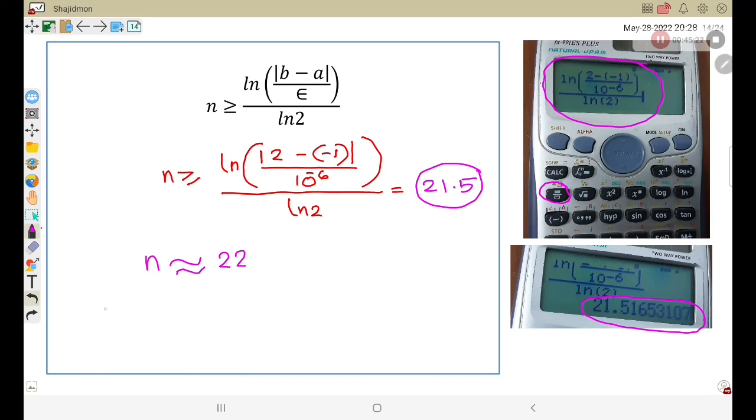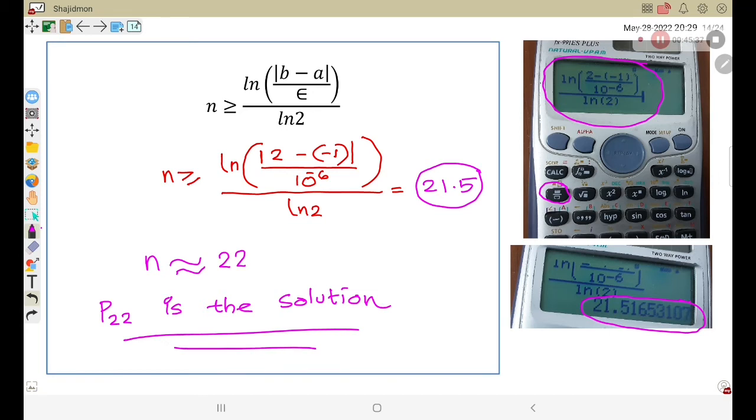It means n approximately 22, the computer will take 22 steps, P22 will give the solution. P22 is the solution within that error, okay? That means P1, P2, P3, P4, P5, P6, like that up to P22, 22 steps for finding the solution.